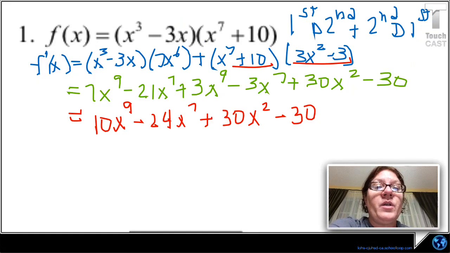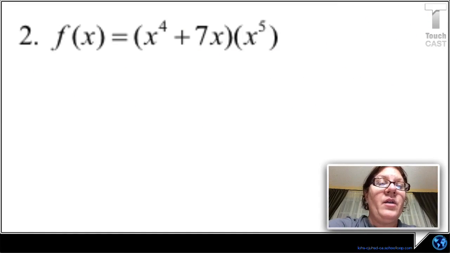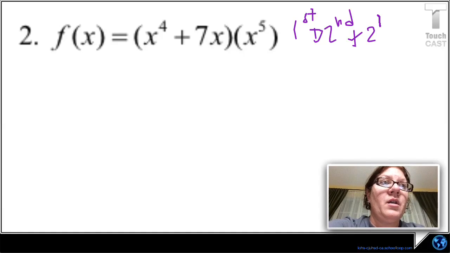Okay, let's look at the next one. So again, I notice that there's multiplication happening between the two terms. So I'm still going to use the product rule. Remember, first times derivative of the second plus second times derivative of the first.